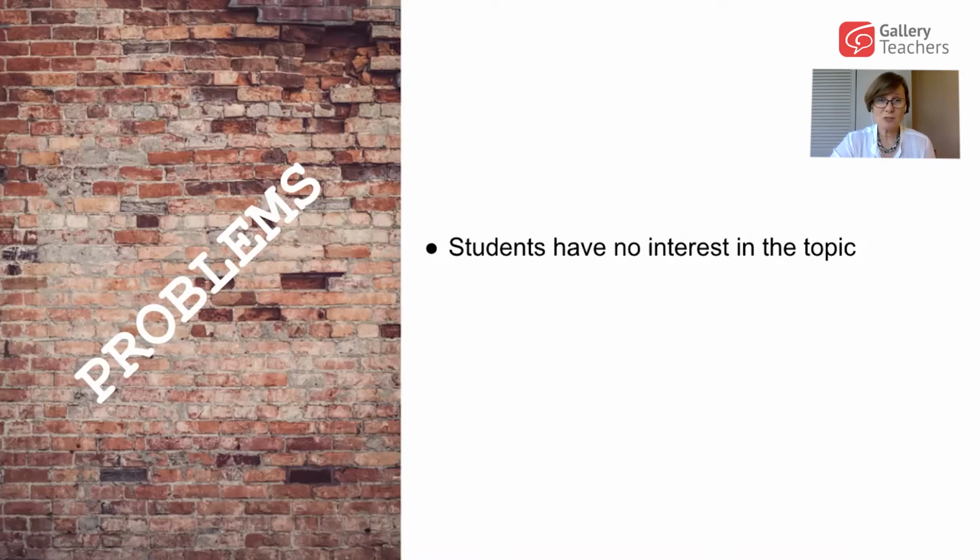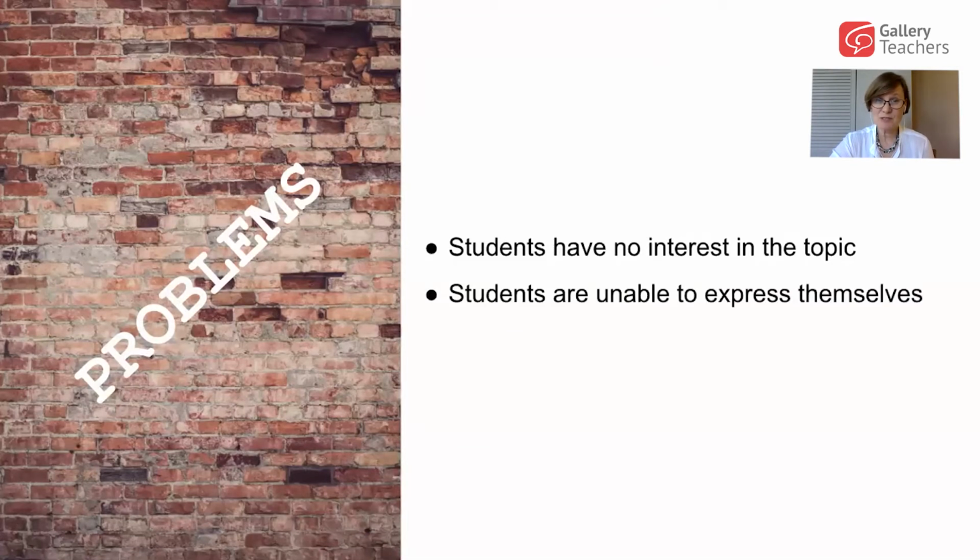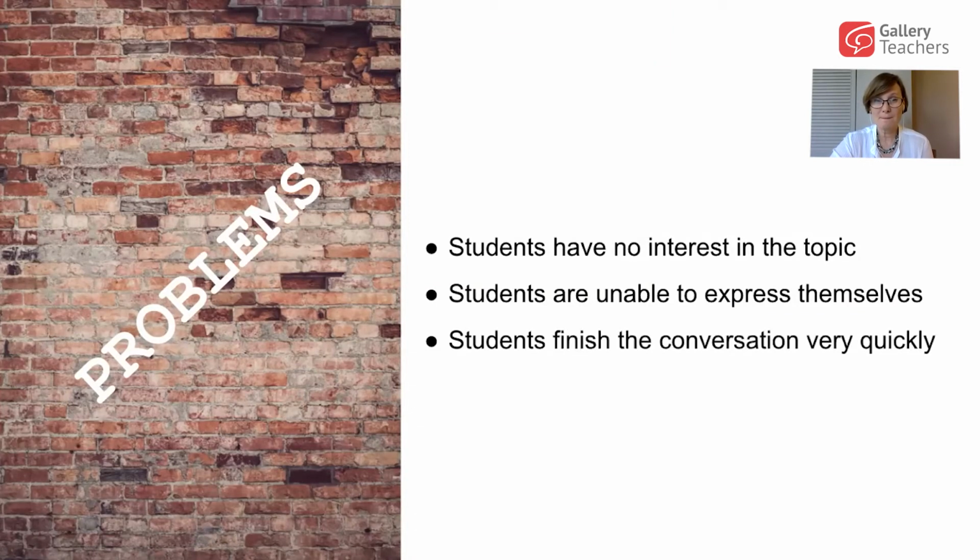If we're talking about students who have no interest in the topic, it's pretty straightforward, it's about the topic, right? If students are unable to express themselves, this is about language. If students finish the conversation very quickly, in this case it can be related to topic because they may run out of ideas, so they may not have enough ideas to speak about the topic.